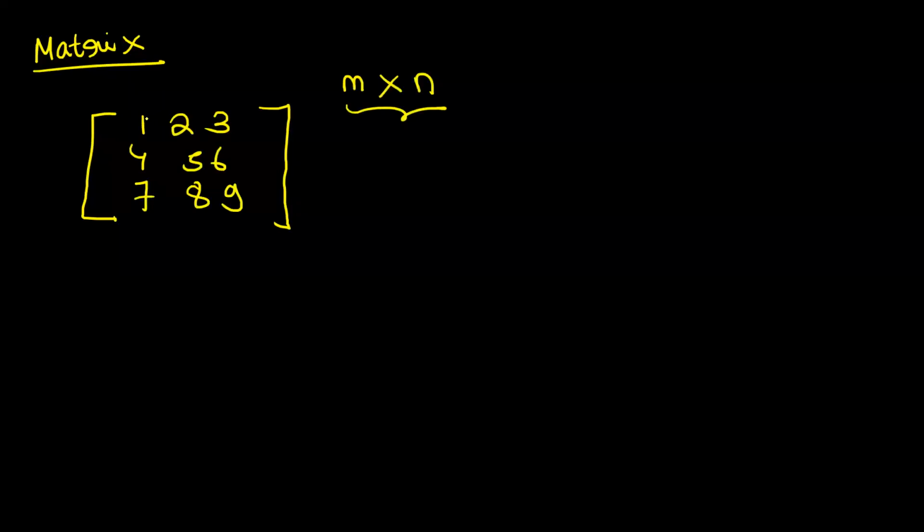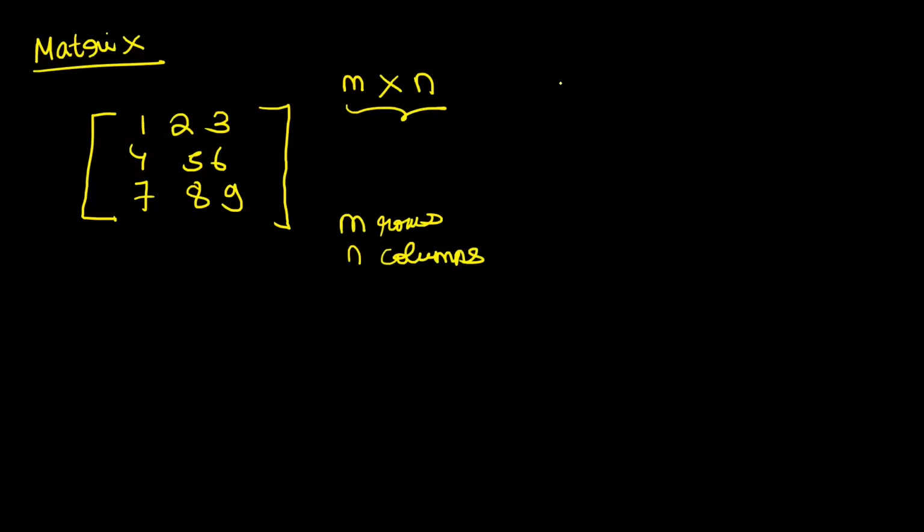Okay. So in order to represent matrices, we have seen in maths that whenever we talk of any matrix, what is associated with a matrix? Every matrix will have a certain number of rows, let's say M rows, and every matrix will have a certain number of columns, let's say N columns.